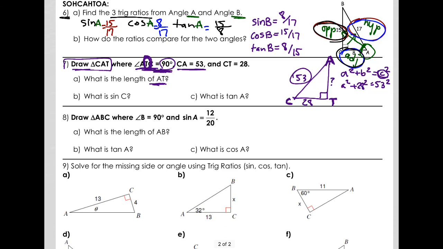Remember, A and B are kind of interchangeable. You could have done 28 squared plus B squared if you really felt like it. Those 2 are both the legs. Doesn't matter which order they go in because you're adding. So A squared plus 28 squared, we have 784 is equal to 53 squared. Something tells me I'm not going to have room to write this number.